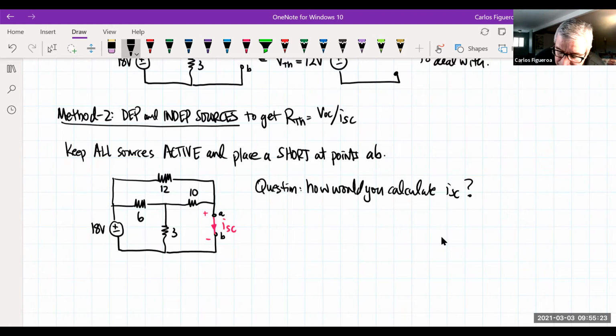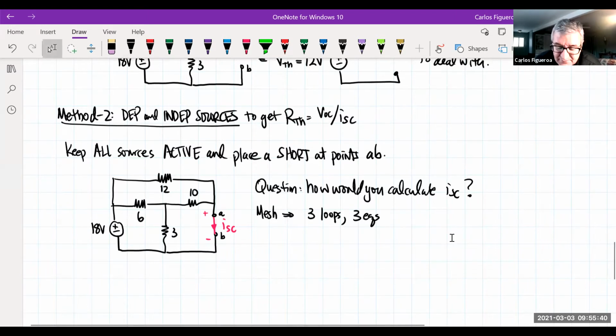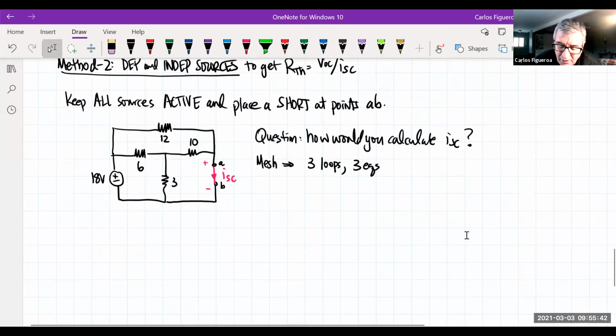Why are you going to do mesh here? Because you see 3 loops. Therefore, you get 3 equations and unknowns, and you're off and running with it, right? Because that's the easiest thing to do.